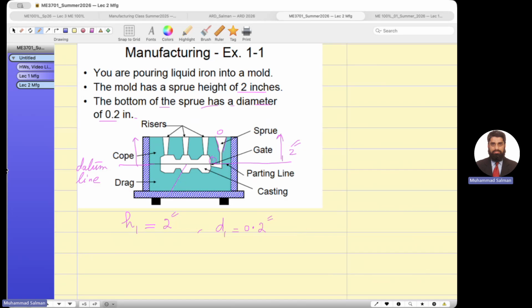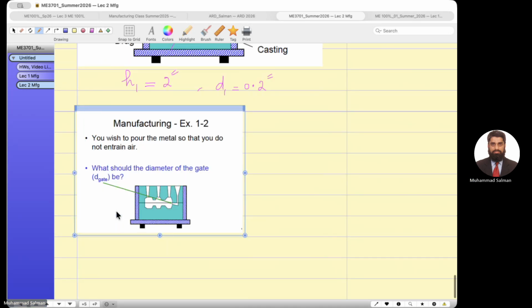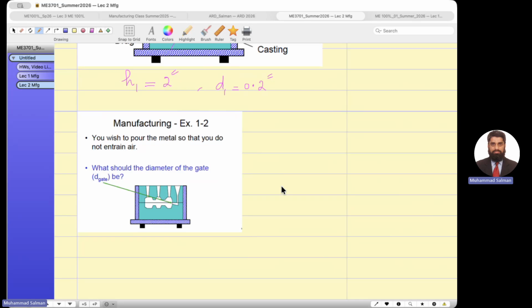The next point: what should be the diameter of the gate, the entry to the casting mold? You wish to pour the metal so that you do not entrain air.